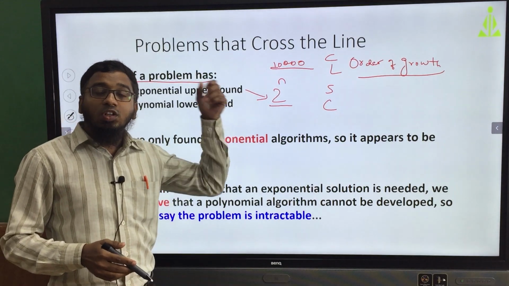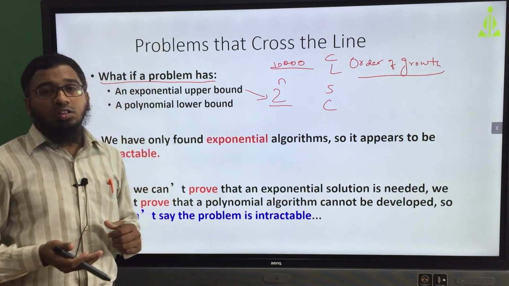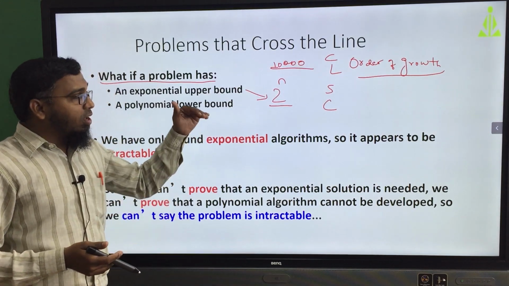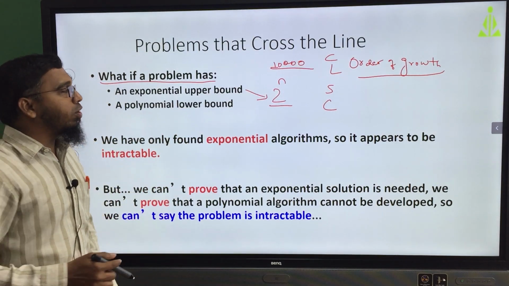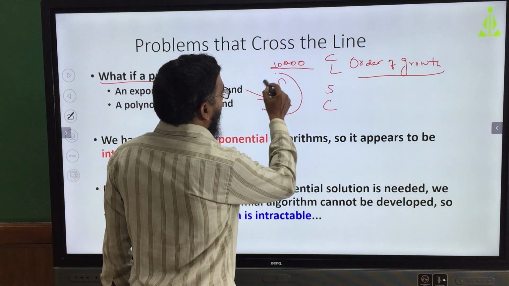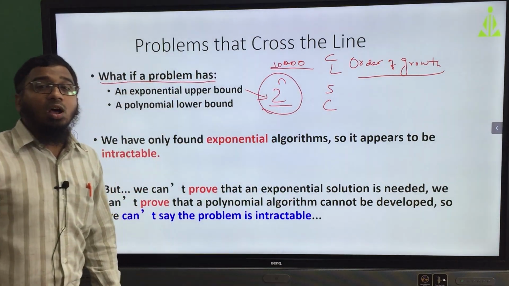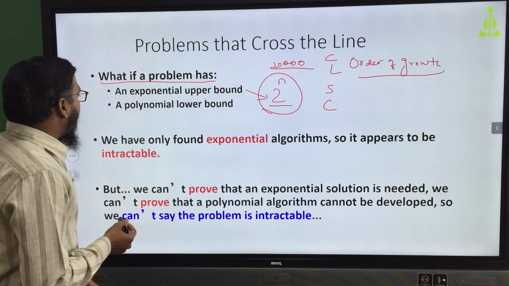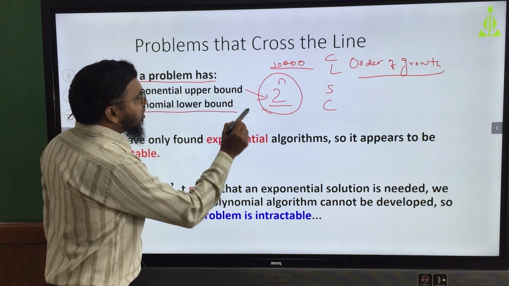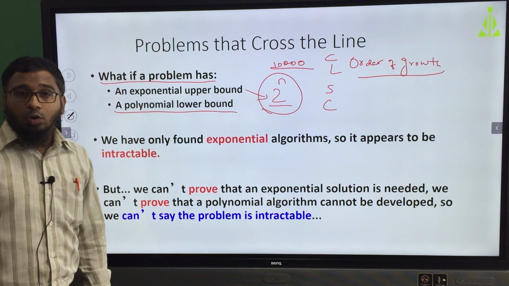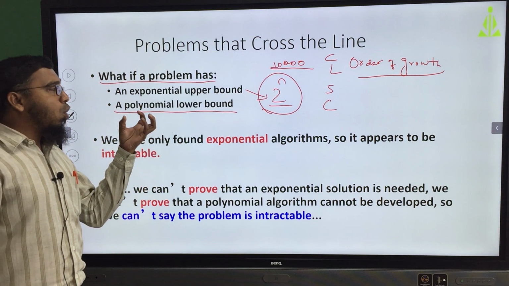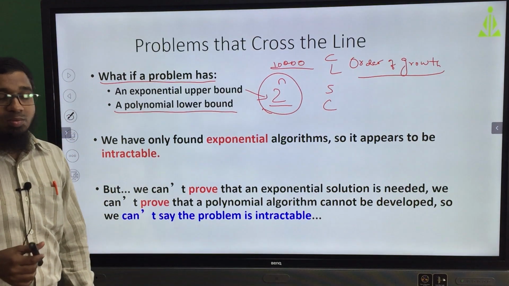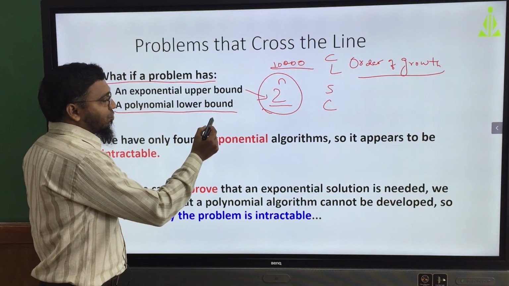In that we have the constant, linear, logarithm, then square, cube, quadratic, and so on. The last one will be the exponential. This will be the upper bound, the highest limit, and polynomial is the lower bound. This we also completed in asymptotic notation in the first unit itself.